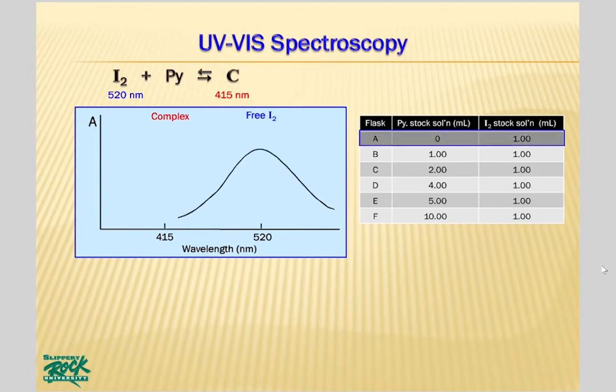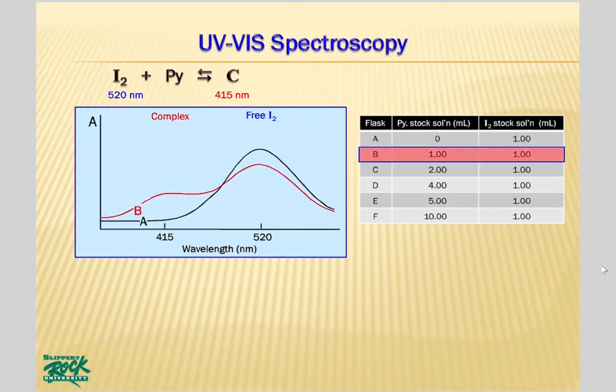Since solution A does not contain pyridine, complex has not been formed in the solution. As a result, there will be a single intense peak at 520 nanometers that corresponds to free iodine. 1.00 milliliter of pyridine stock solution was added to solution B. This causes the growth of a new peak at 415 nanometers that corresponds to pyridine iodine complex.